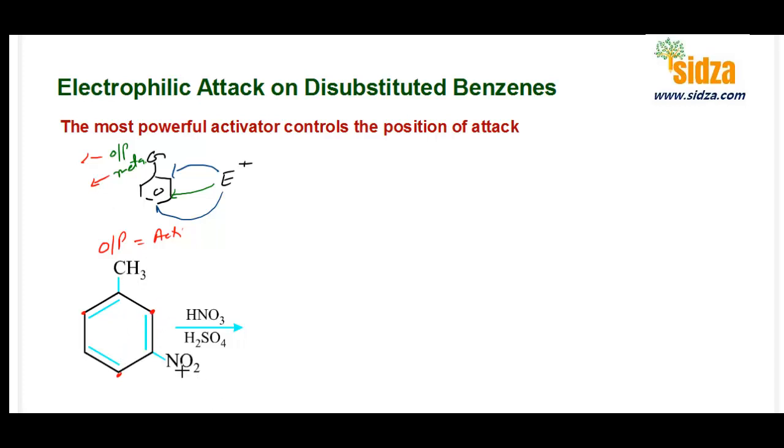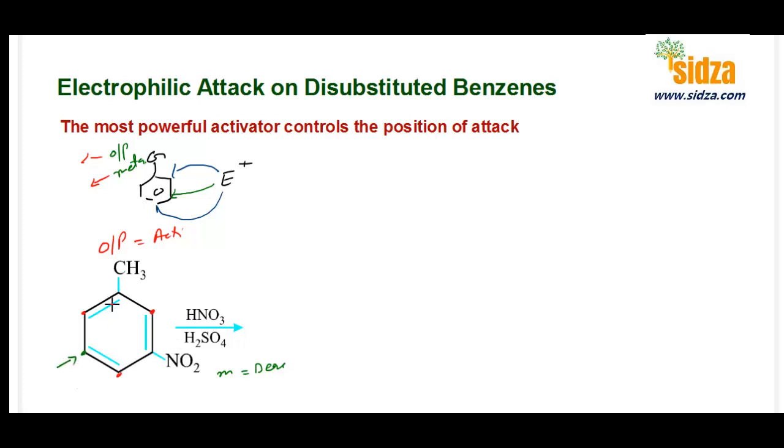And now look at the nitro group. We know it is a meta directing group and a ring deactivator also. So the meta position with respect to this nitro is this one.